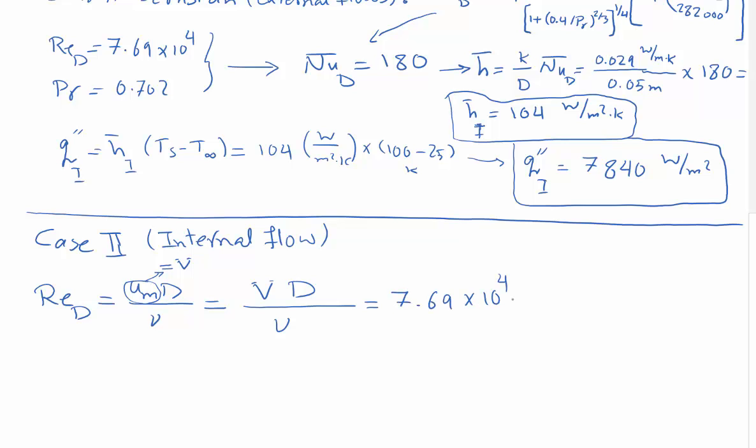Now the difference is, for an internal flow, this Reynolds number is more than 2300, which makes the flow turbulent. Now we have to find the right correlation that we can use for fully developed internal flow in the turbulent case that gives us the average convection coefficient.